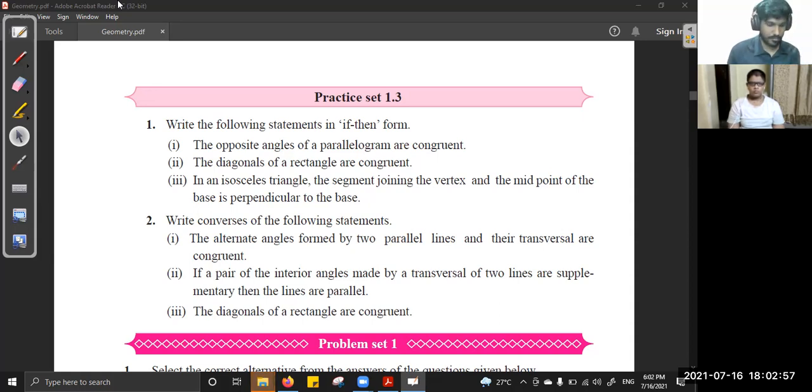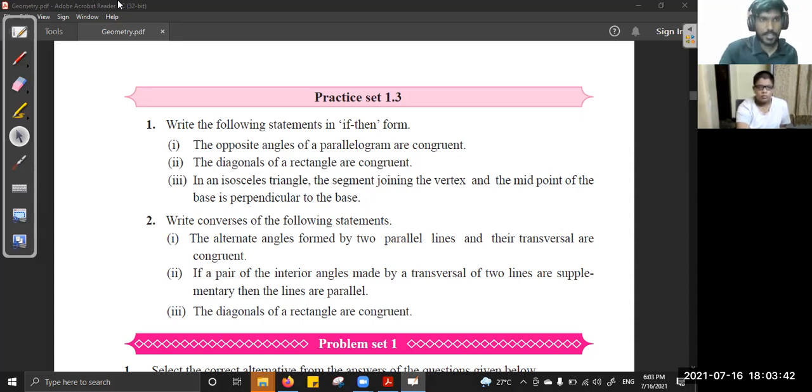If two lines are parallel, then, I'm telling the if-then form.